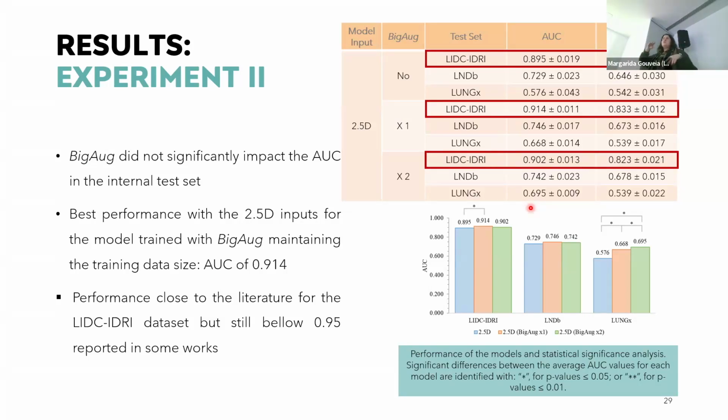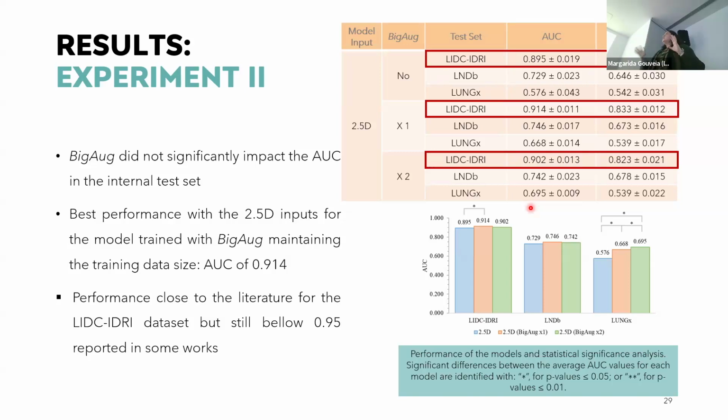The first is the baseline from the previous, no data augmentation. The second is where we apply data augmentation to the image, but we don't try to augment the number of samples that our model sees. And the third level was to try to double the number of samples that our model sees during training.